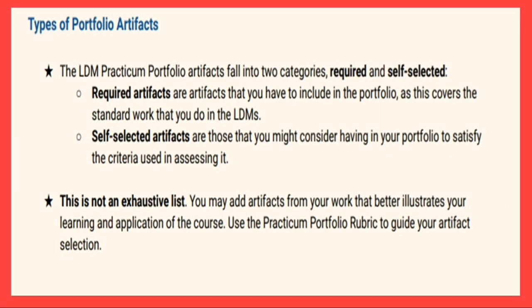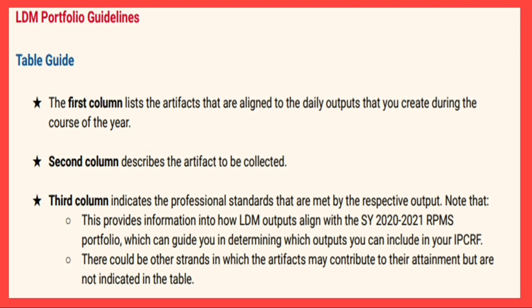This is not an exhaustive list, so chill lang tayo sa paggawa kasi we have done this throughout the school year. Now the table guide. The first column is the artifacts that are aligned to the daily outputs that you create during the course of the year. Second column describes the artifact to be collected.